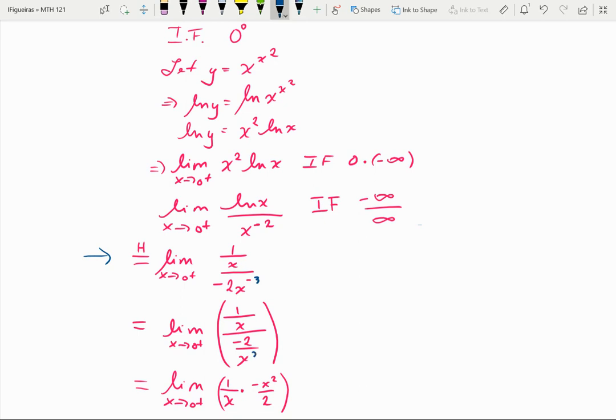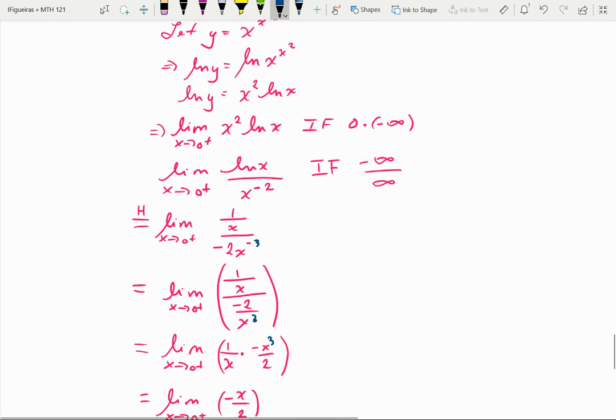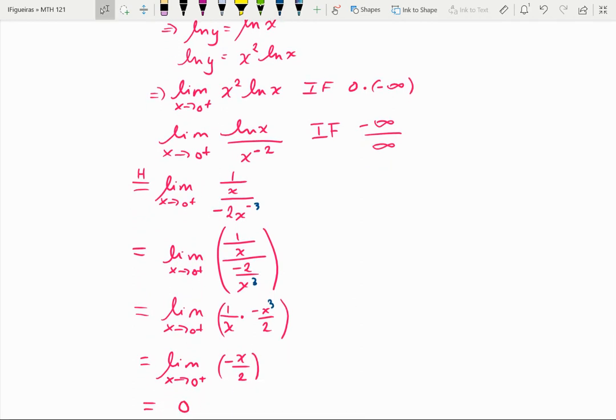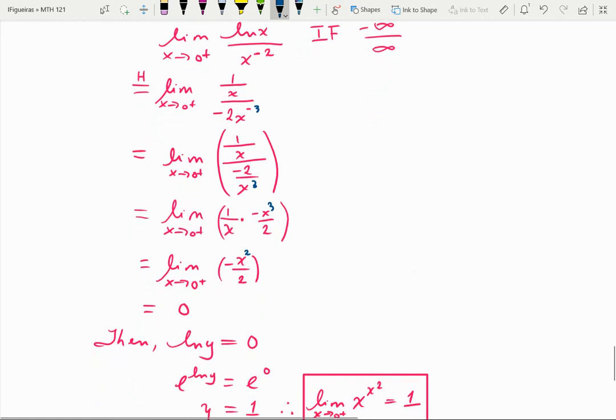If I rewrite this so that I can cancel my x's, I have 1 over x divided by negative 2 over x cubed. But dividing by a fraction is the same as multiplying by the reciprocal of that fraction. So I have the limit as x approaches 0 from the right of 1 over x times negative x cubed over 2. If you simplify the x's, you get the limit as x approaches 0 of negative x squared over 2. Here you can apply direct substitution and you get that the value is 0.